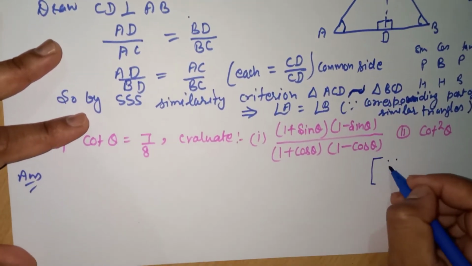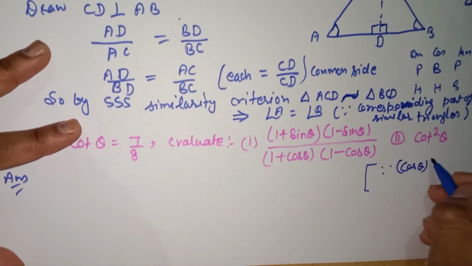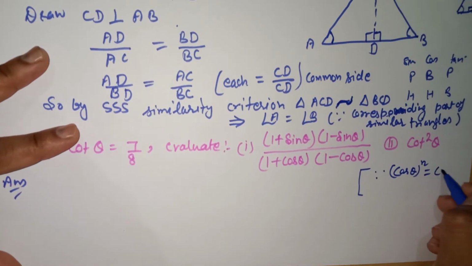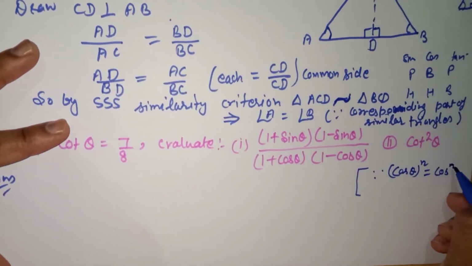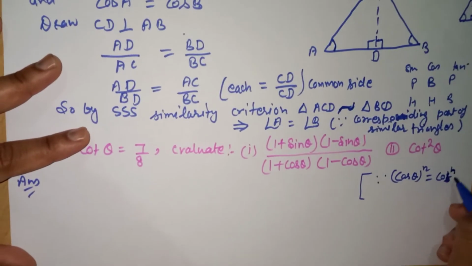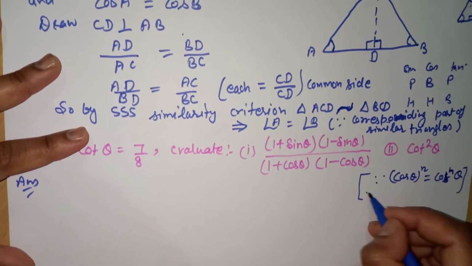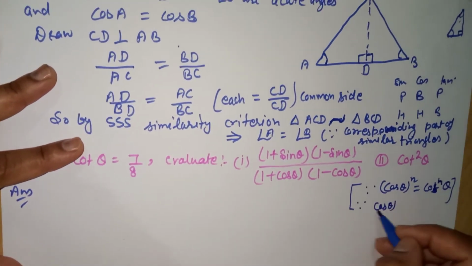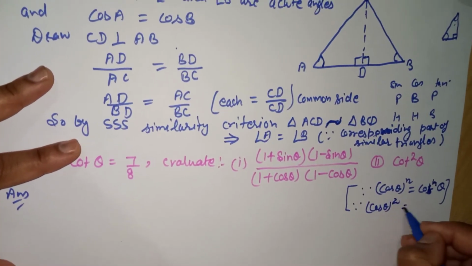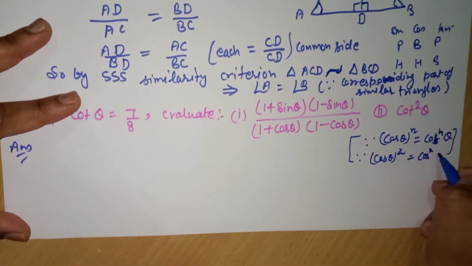One thing that I want to tell you is that cos theta raised to power n, or cot or any trigonometric ratio raised to power n, that is, if we are given cos theta whole square, then it means it will be equal to cos square theta.